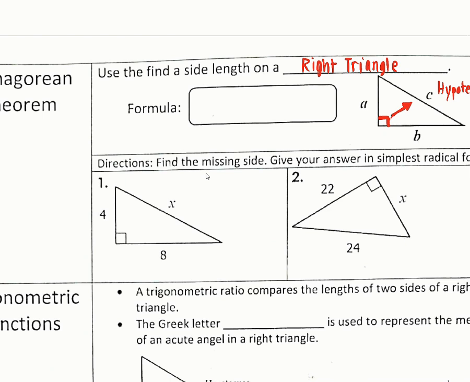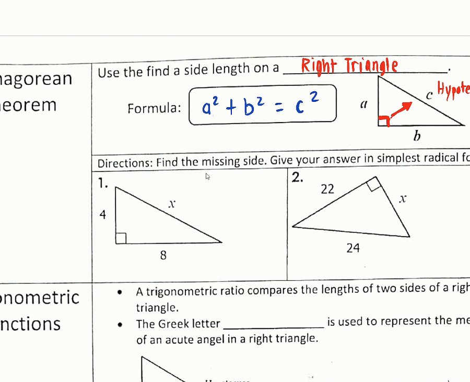Okay? Now, because of the relationship in this right triangle to these sides, you can always find a missing side if you've been given two, because they always follow the same formula. It's called the Pythagorean theorem. And that Pythagorean theorem is a squared plus b squared equals c squared.